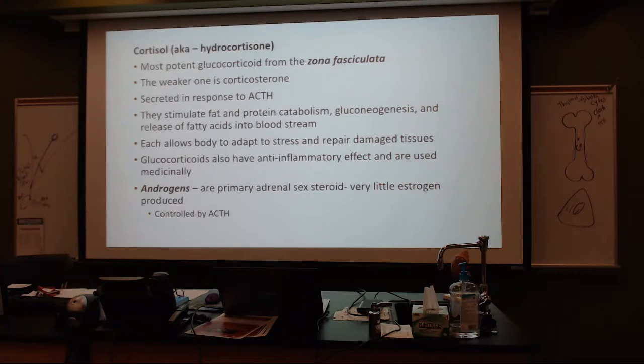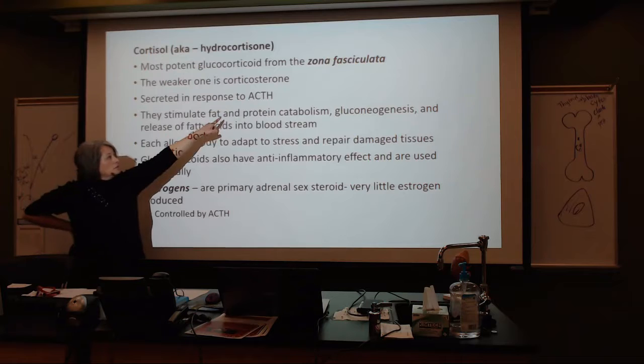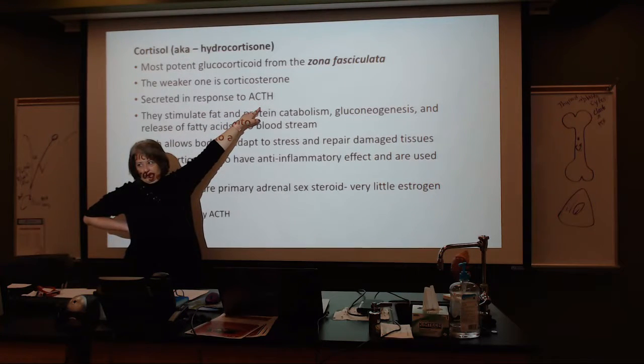Now, cortisol. With cortisol, we kind of know this one as hydrocortisone. Okay? Now, from that middle layer, the fasciculata, it is a potent glucocorticoid. Cortisol is. The weaker one is called corticosterone. Now, this gets secreted in response to this.